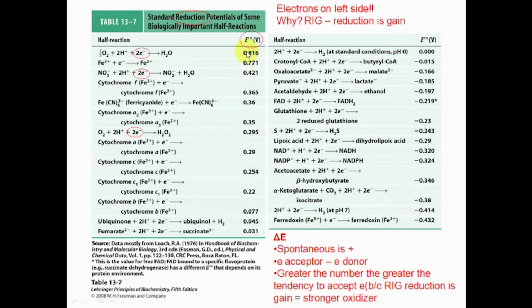The greater the number, the greater the tendency to accept electrons. If this number is really big, remember it's reduction potential, and reduction is gain. If the reduction potential is really high, that means it wants to gain electrons really badly. So the larger the number, the greater the tendency to accept electrons.